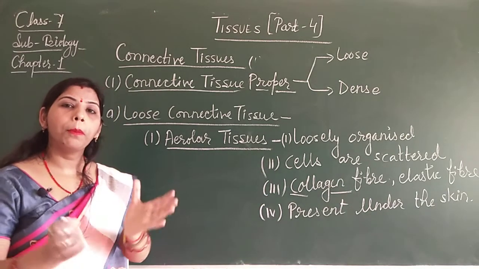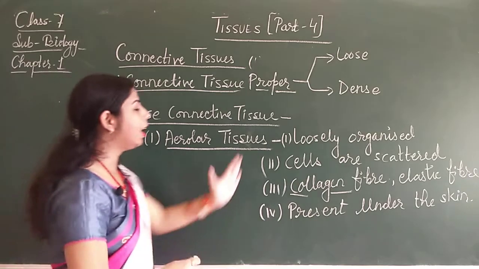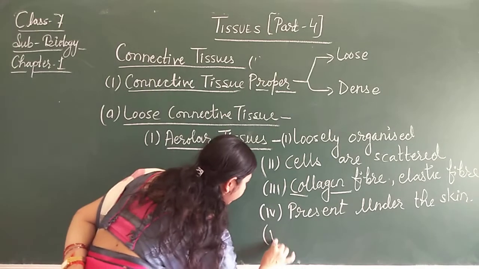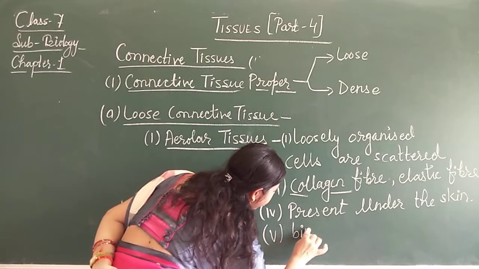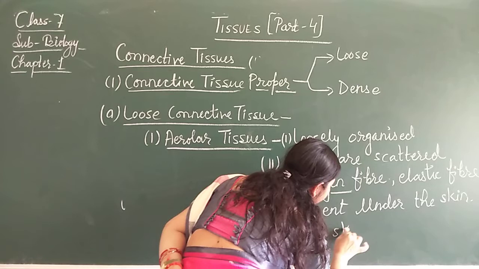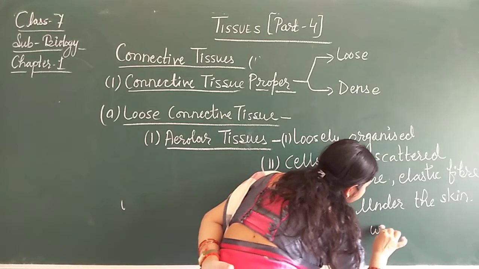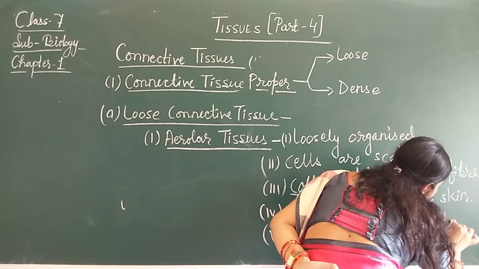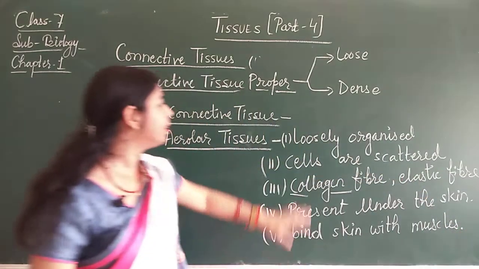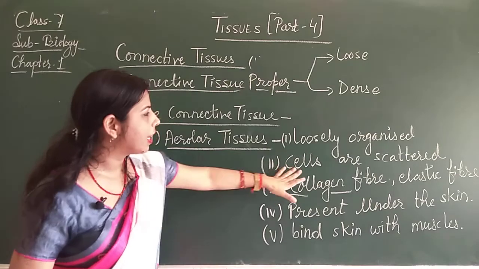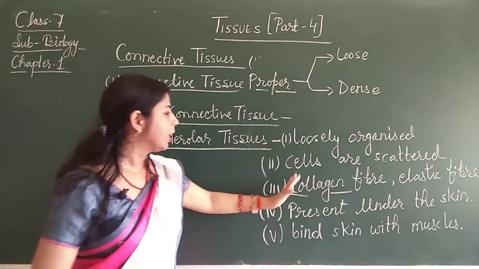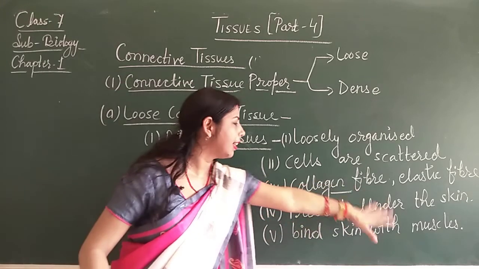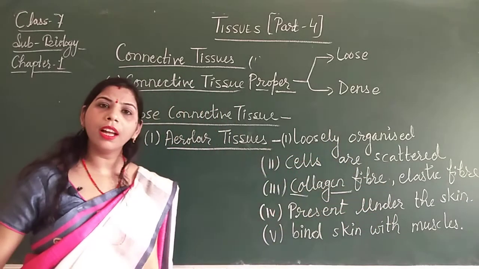This tissue binds skin with the muscles. That means cells are loosely organized and scattered, collagen fibers and elastic fibers are present under the skin, and it binds skin with the muscles.